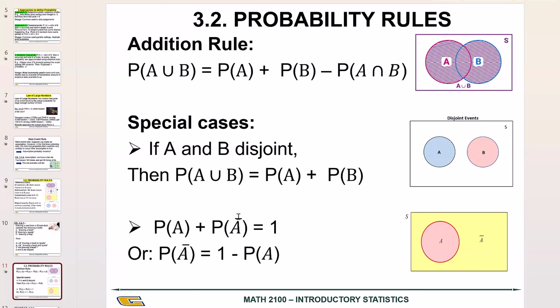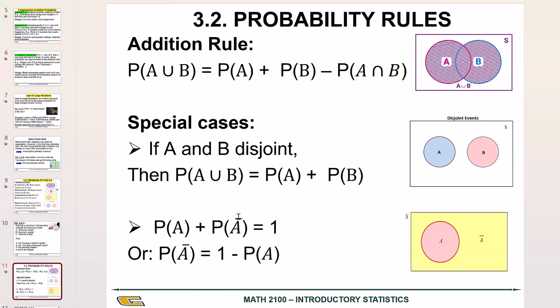The overlap is the intersection of A and B, A cap B. So this makes the addition rule, and you can see it in a geometric way.